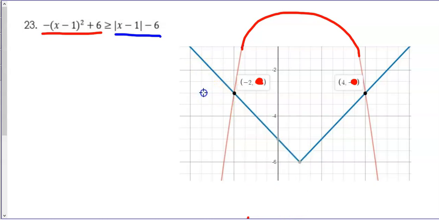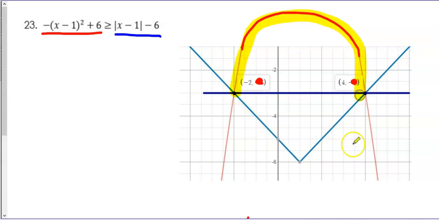So if the blue line was a straight line, like that, then what part of this red graph is above it? That's what we're looking for. It's going to be from here to here, which as far as x's are concerned is from here to here. So it's just one interval, and that interval is from -2 to 4, and it does have brackets because it has the equals marks.